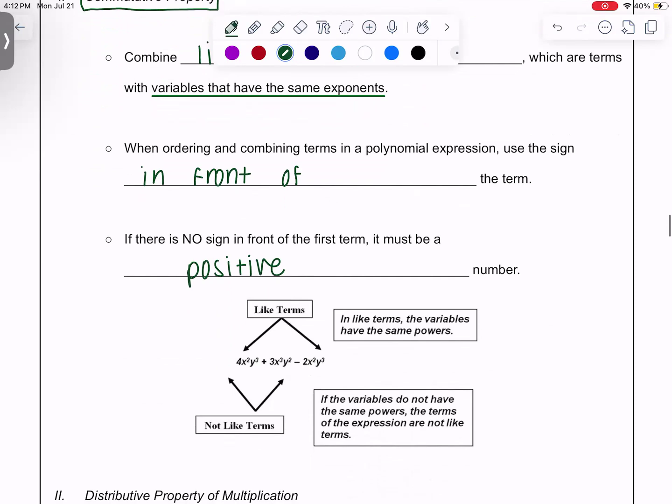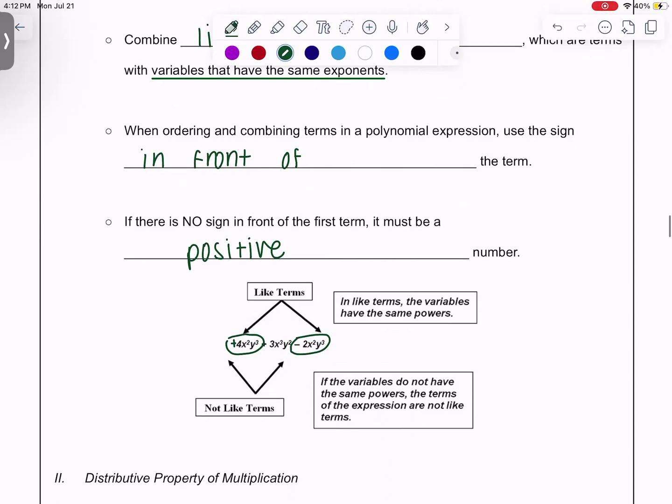So like this first term, it's a positive 4x squared y to the third power plus 3x to the third power y to the second power minus 2x to the second power y to the third power. The positive 4 term and the negative 2 term are like terms. But that middle one is not, because the exponents are different on x and y.